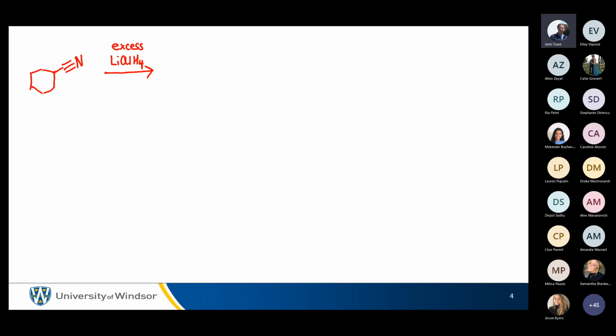So treating a nitrile with excess lithium aluminum hydride.